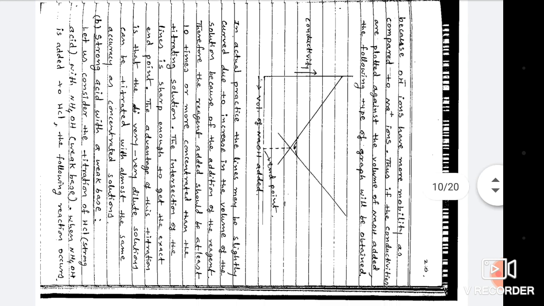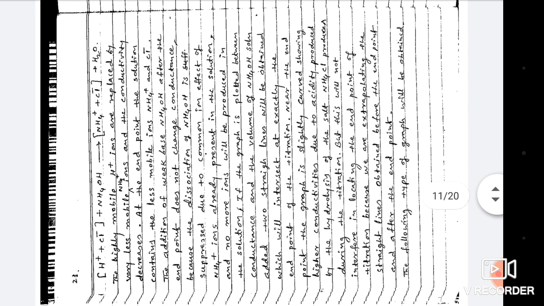When ammonium hydroxide is added to the HCl, the reaction that occurs is that the net reaction is H plus Cl minus plus NH4OH, then we will get the ammonium chloride salt, that is NH4 plus Cl minus plus H2O molecule, that is undissociated molecule.